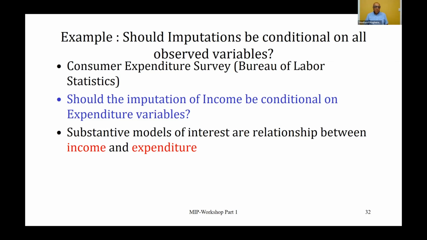One of the things they were really concerned about was using the expenditure to impute income and then putting the income in the regression model. It's kind of double dipping. That is, you have already used expenditure to impute income, and then you are putting the imputed income in the regression analysis. You're using it twice somehow, and doesn't it create a sort of endogeneity problem, right?